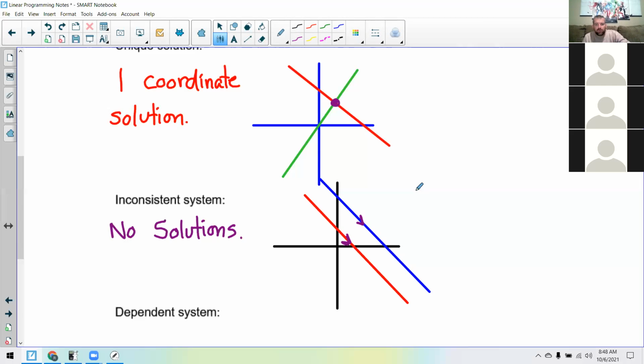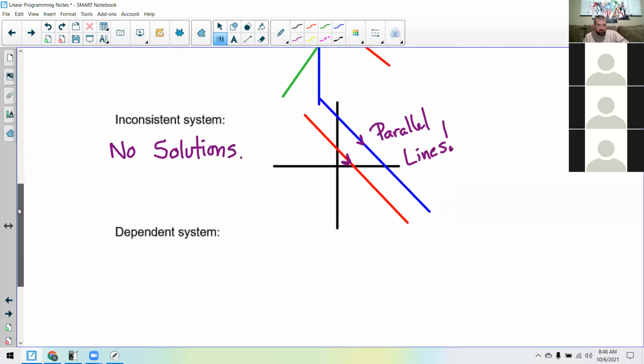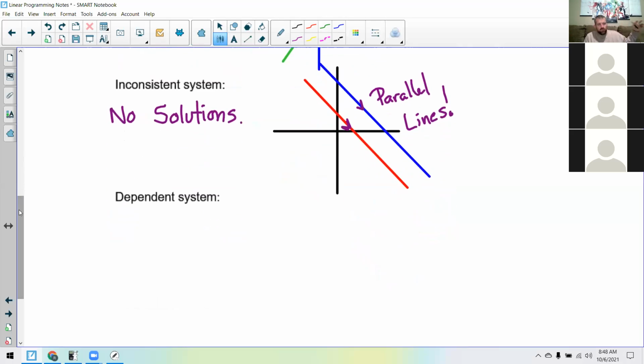But if the lines never cross, there is no common coordinate. Okay, and we'll see what kind of happens. You'll figure out through the process of solving it that there is no solution. It works similarly to the way we figured it out in just solving regular equations.